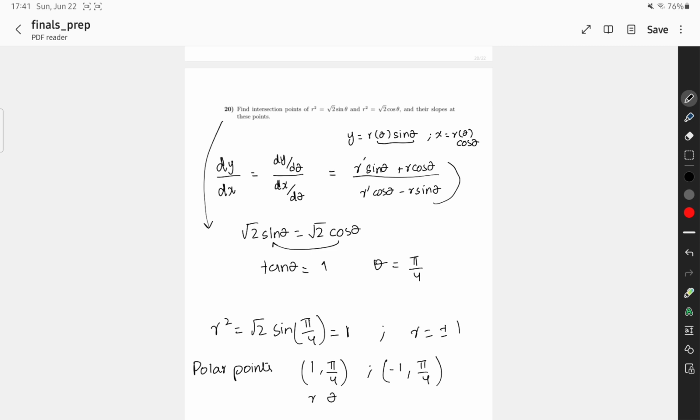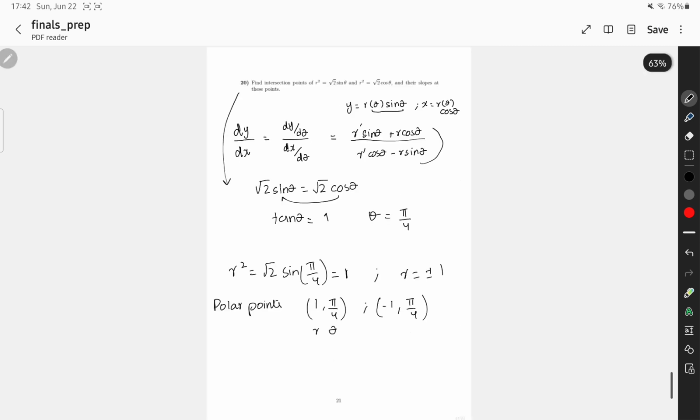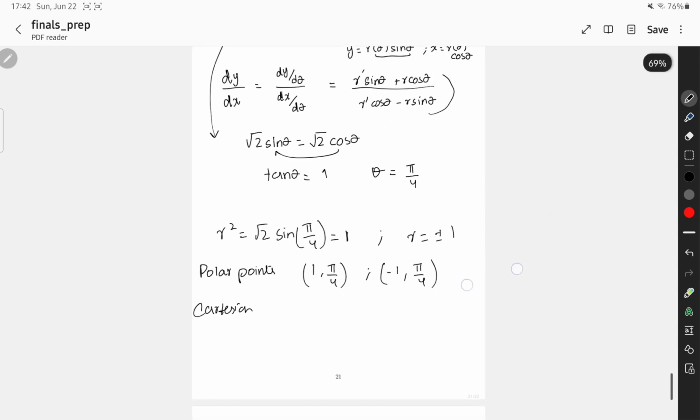We can now find the slope at each of these points for both of the curves, because both curves would have a different slope at the intersecting point. In Cartesian coordinates, we can convert these simply because x equals r cos theta and y equals r sine theta.